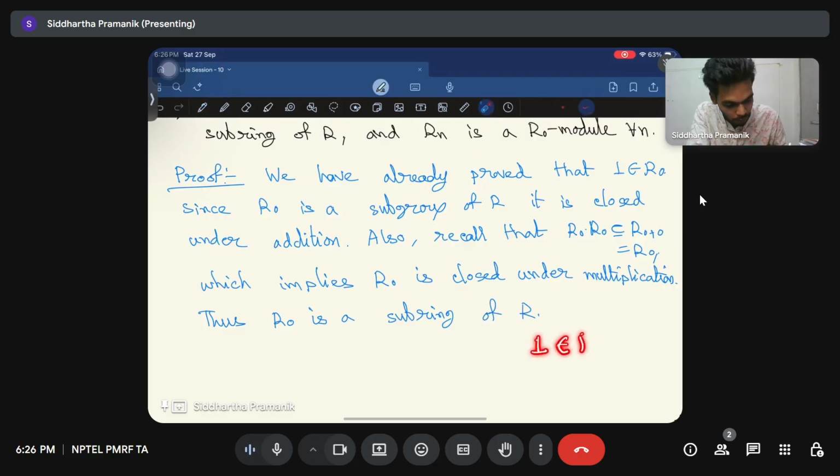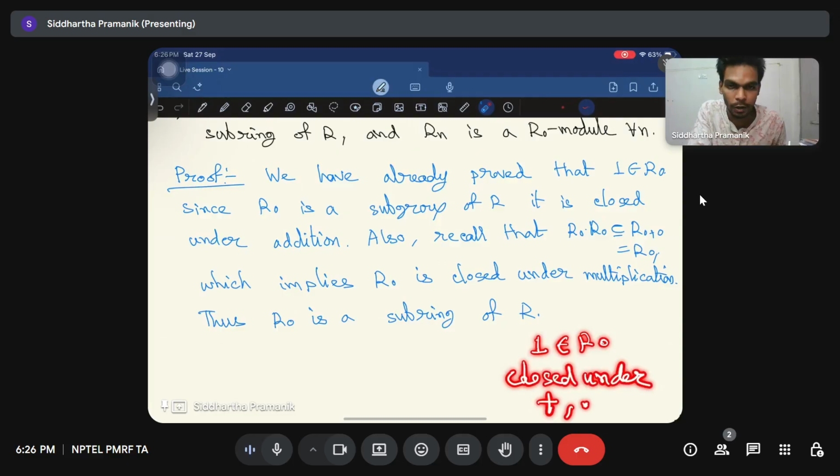That 1 belongs to R naught, and closed under addition and multiplication. These three conditions we have already checked. So it has to be a subring.